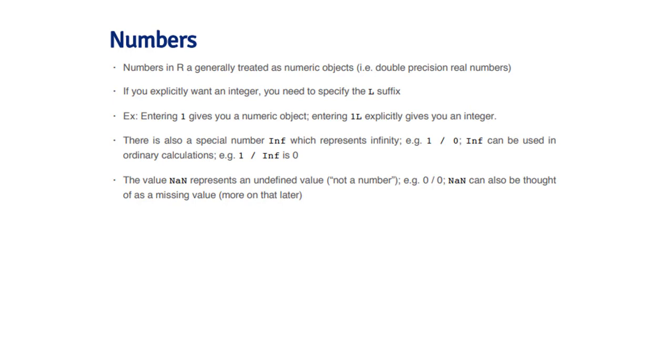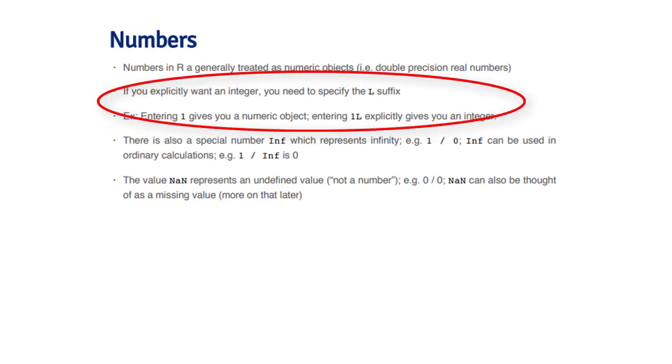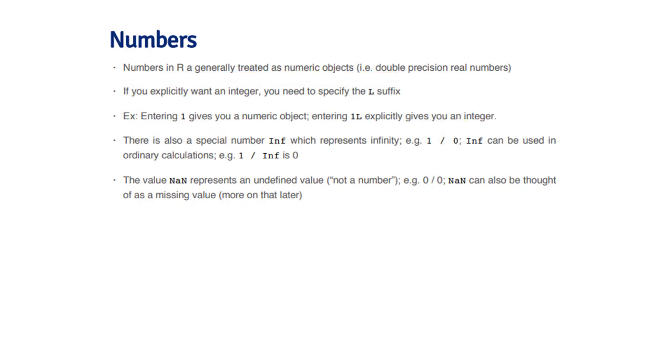There is a way to explicitly say you want an integer, and you can specify the capital L suffix. For example, if you just enter the number 1 in R, that gives you a numeric object, but entering 1 with a capital L next to it explicitly gives you an integer. This distinction is not very important right now, but it will become more important later.